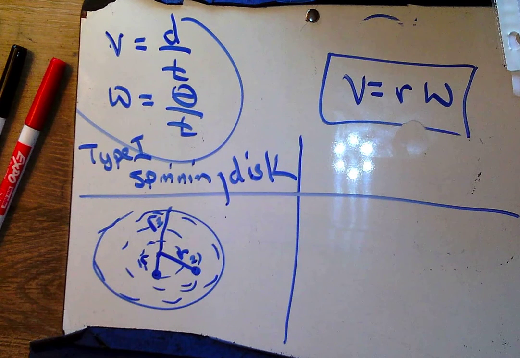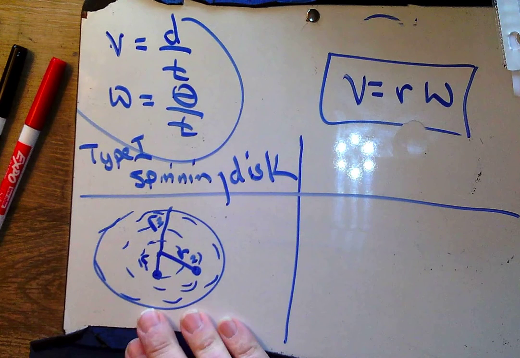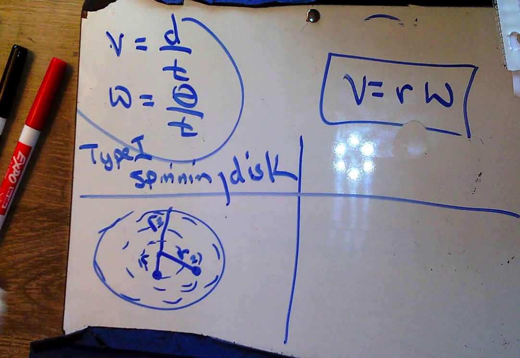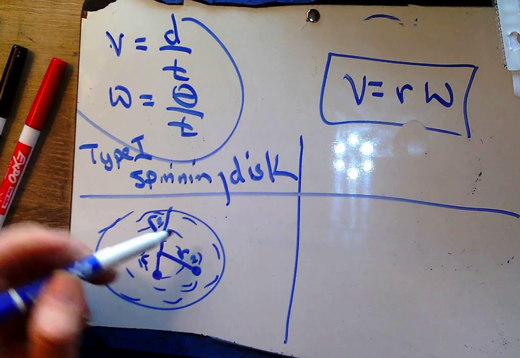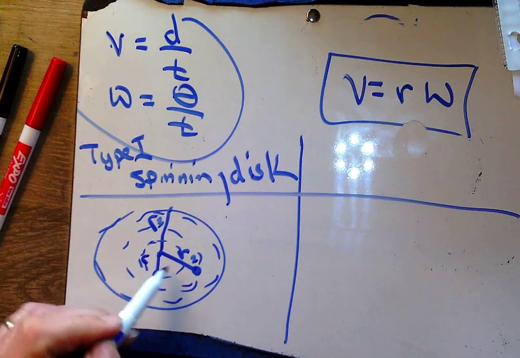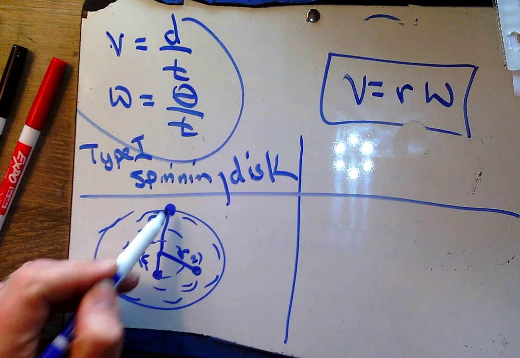Okay, so let's think about a spinning disk. This might be a place where I pretend to be an ice skater doing an axle, spinning around in place. So, spinning disk. Think about this point, this point, and this point.